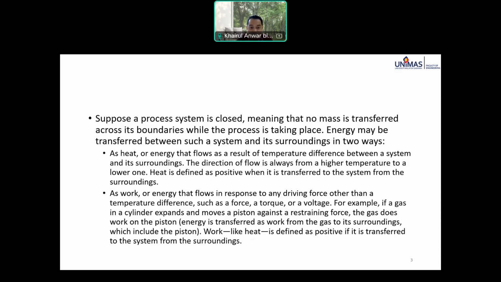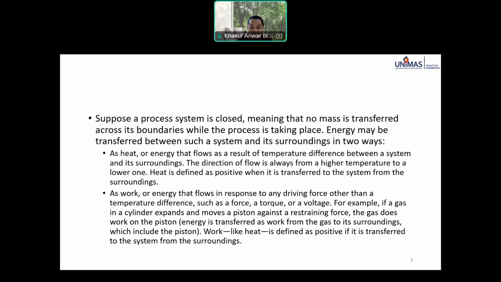Heat is energy that flows as a result of a temperature difference. Heat is positive or negative depending on how the heat is transferred from or to the system.